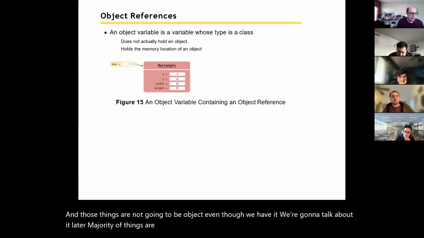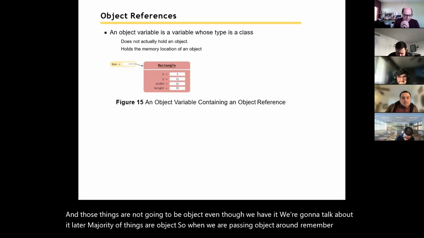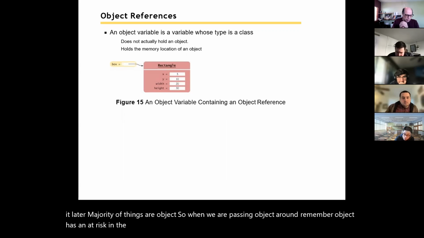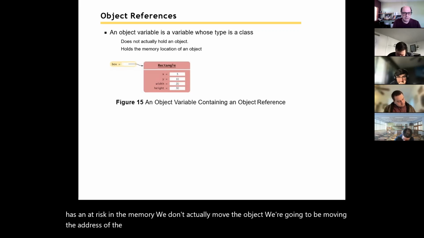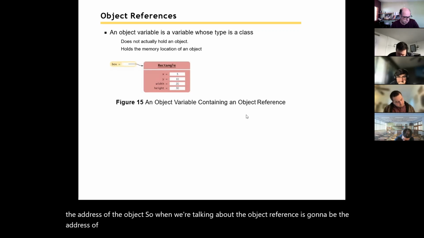So when we are passing an object around, remember, an object has an address in the memory. We don't actually move the object. We're going to be moving the address of the object. So the object reference is going to be the address of that object in the memory.